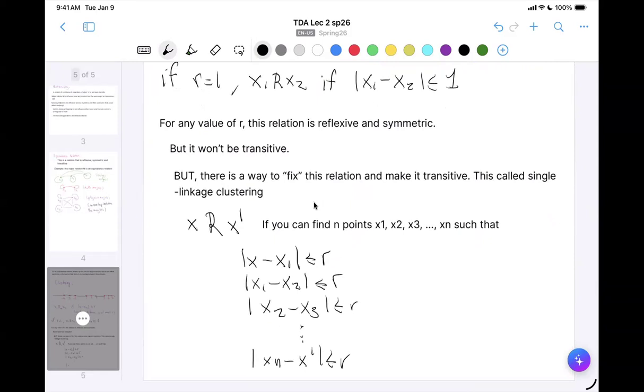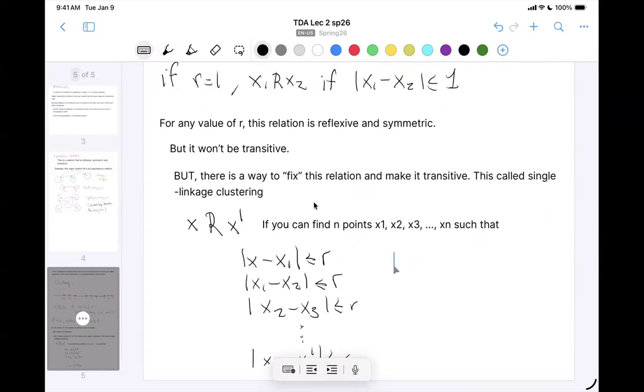So they're connected by a sequence of points all separated by at most R. That's why it's called a linkage, because it's like a chain that you build.